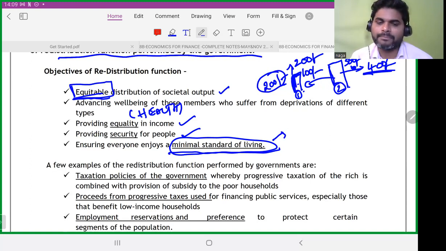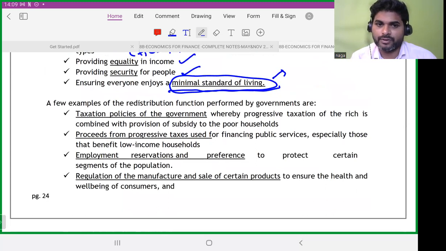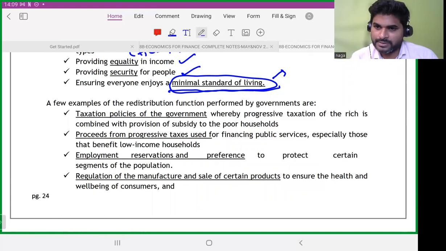A few examples of the redistribution function of the government are mentioned here. What are the different examples? The most important one is the taxation policies of the government. Most of the examples I've given revolve around taxation policies, whereby progressive taxation for the rich is combined with provision of subsidy to poor farmers.